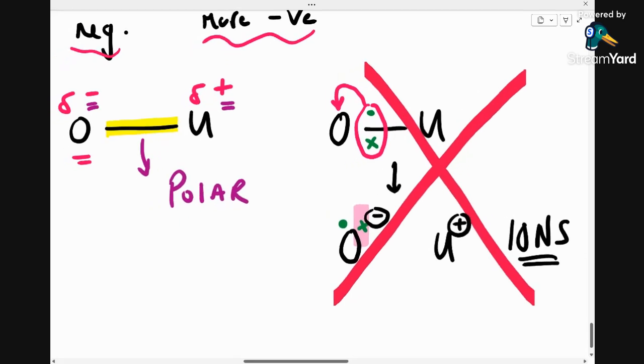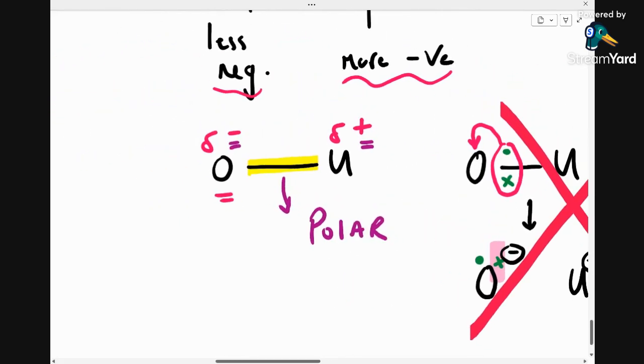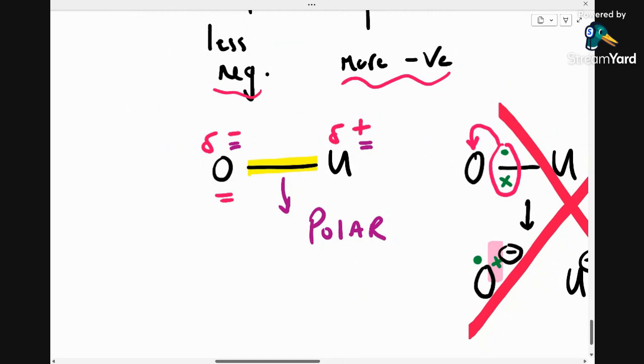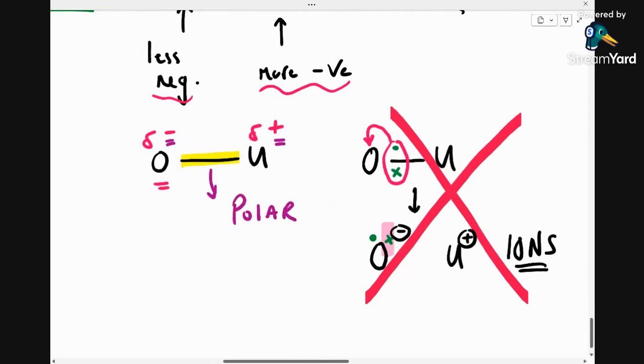What happens is oxygen is more electronegative than hydrogen and therefore can pull the electrons towards itself, but not enough to rip them off and form ions.